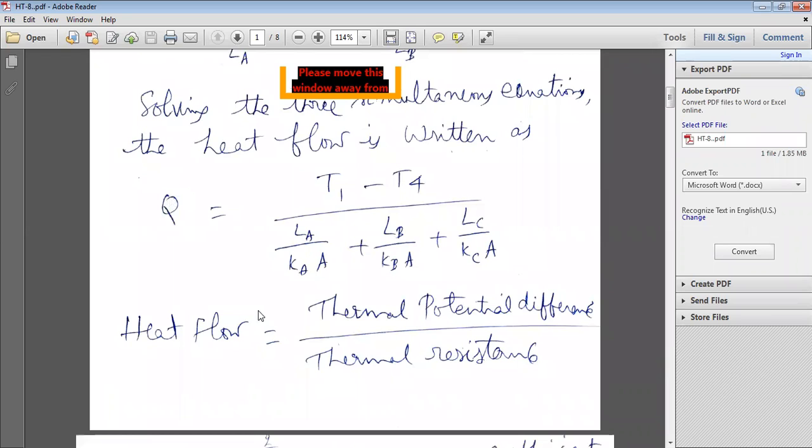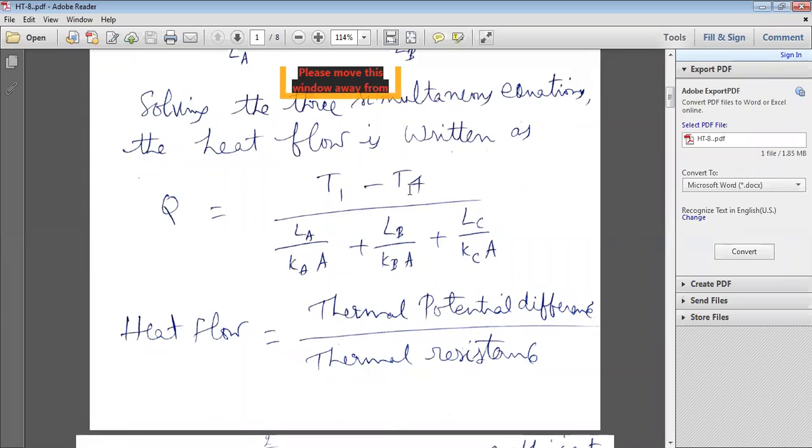So how do you calculate heat flow Q? It is the thermal potential difference, the temperature drop, divided by R, just like voltage drop. Here the temperature drop is the thermal potential difference. In electrical technology, it is the voltage or potential difference.